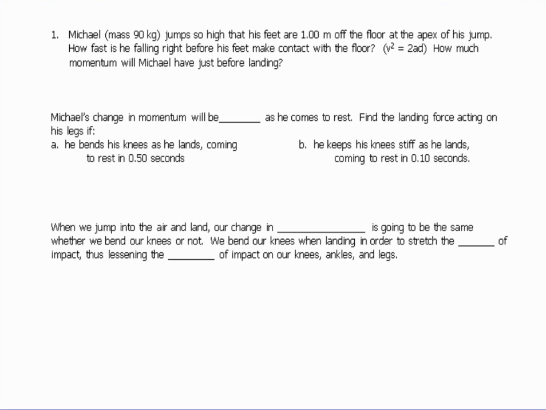So we're going to use the formula v squared equals twice the acceleration times the distance. Here's basically what's happening. He has jumped and he is off of the floor and coming down. This formula will work for ending at rest as well as starting at rest. So v squared equals twice the acceleration times the distance.